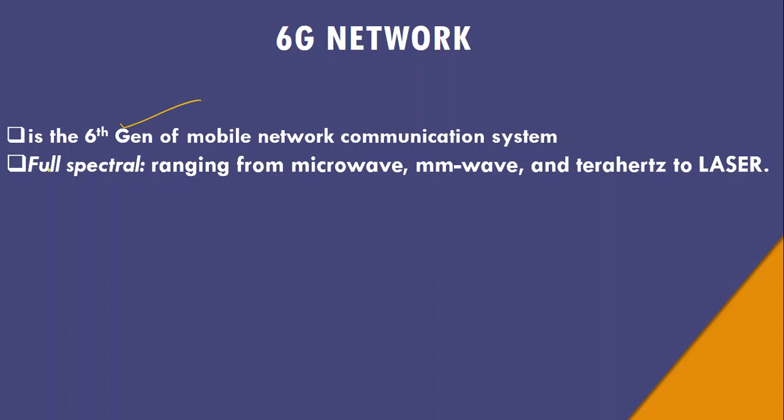First, 6G uses the full spectrum. The frequencies ranging from microwave to terahertz to laser range, all are utilized here in 6G. As we know, the millimeter wave range is used in the 5G new radio system, and the terahertz frequency range is used in the 6G communication system.